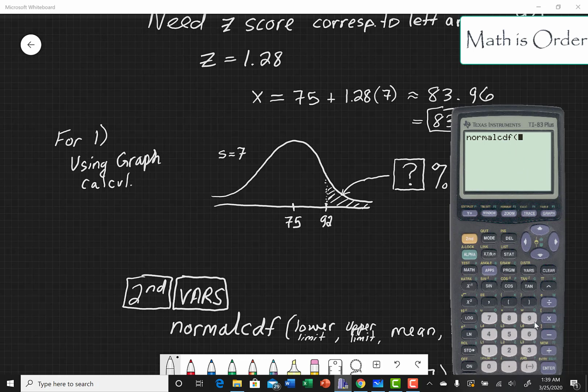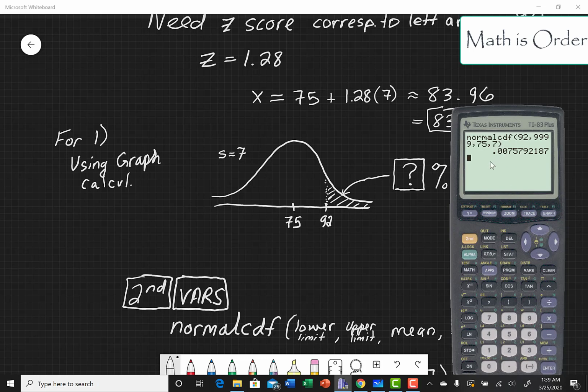So we're going to put 92 and then comma. And next we're going to put any arbitrary big number, comma. And next we're going to put the mean, which is 75, comma. And next we're going to put our standard deviation, 7, close parenthesis, and then enter.